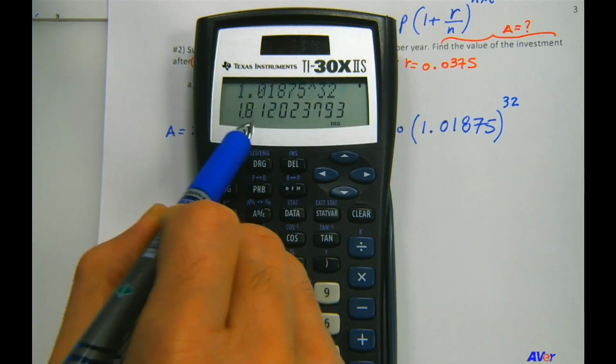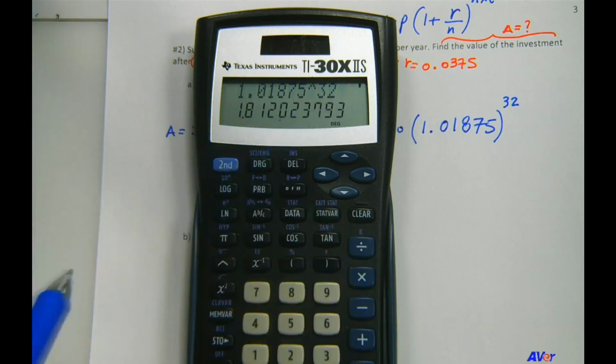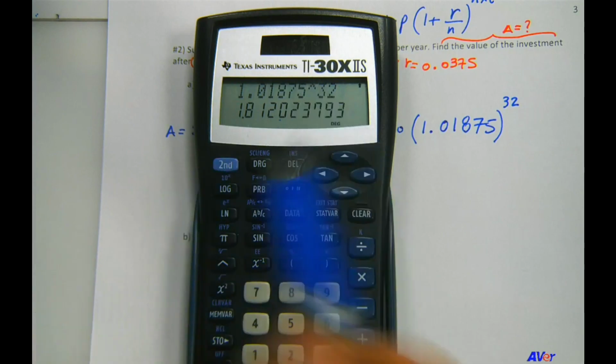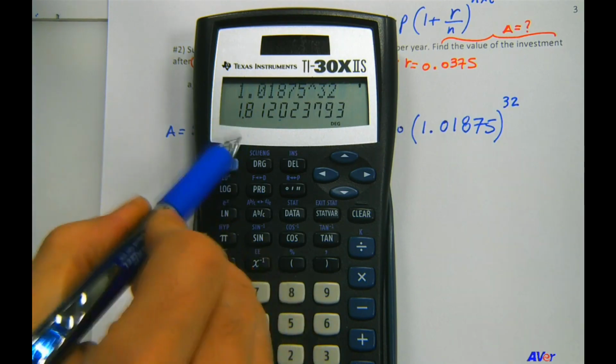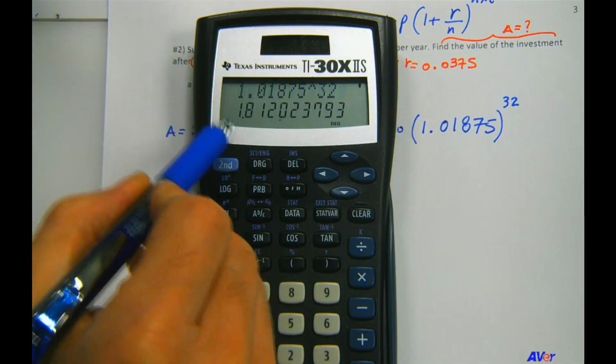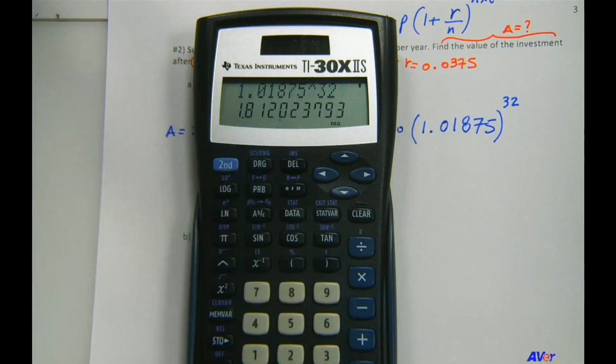The reason is, when you work with exponential functions and values, if you round too early, too much, the final answer will be off by a significant amount.